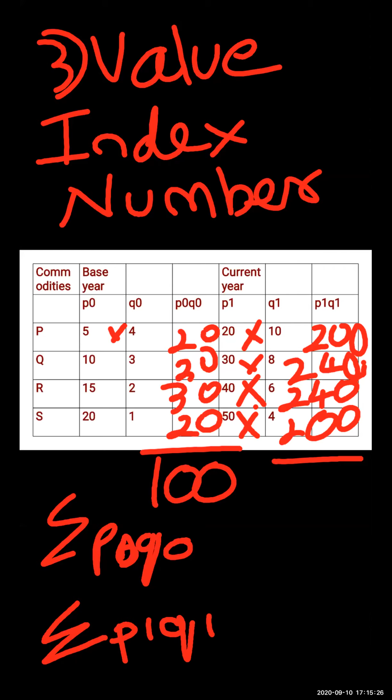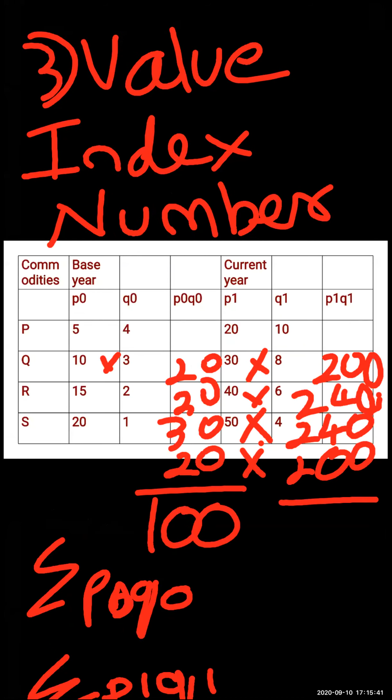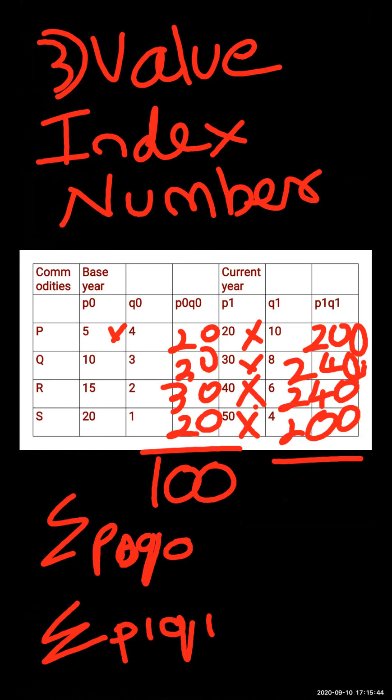We'll wait for Jigna. Jigna, 200 plus 240 plus 240 plus 200. Yes, Gauri, correct. So the correct answer is 880. Now what is the next step?